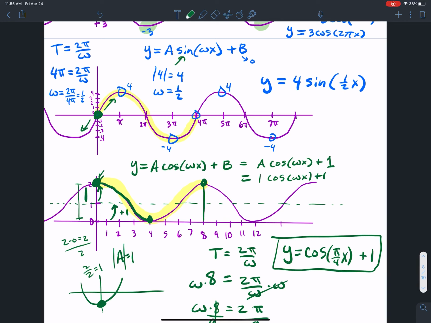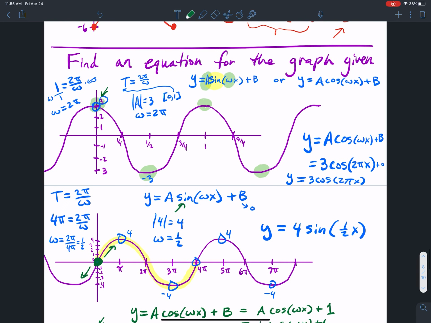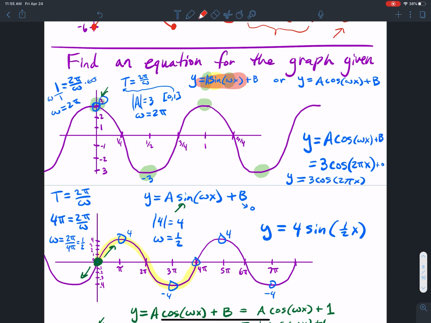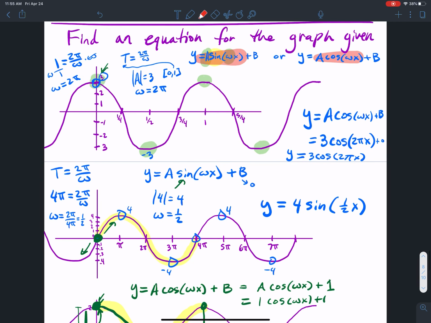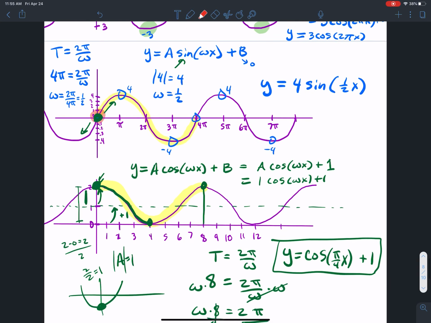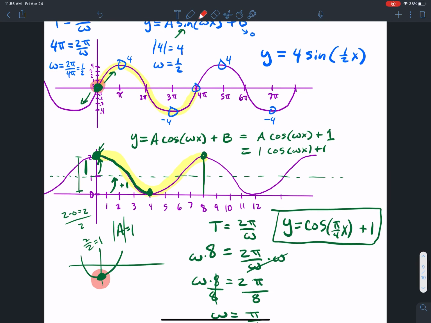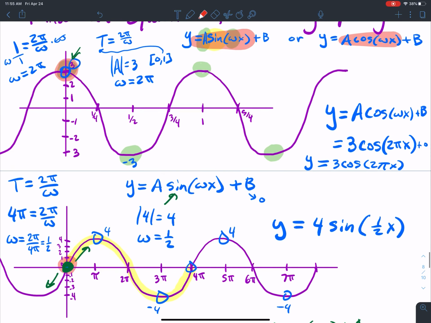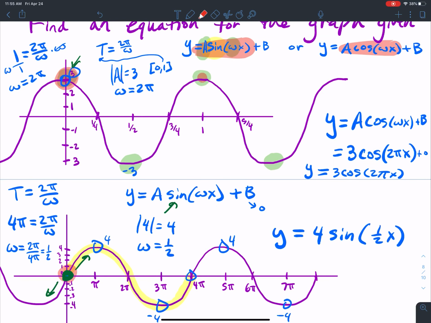So if you're really looking at it, to determine between a sine versus a cosine, the sine will start somewhere in the middle, and the cosine will start at either a peak or a valley. Okay, so that tells you either sine or cosine. To get the A, you look at how high the peaks and the valleys are to get the amplitude.